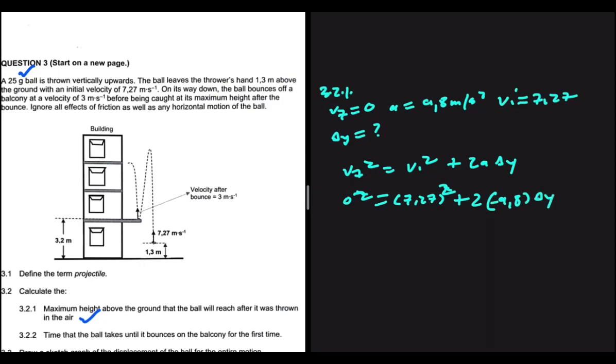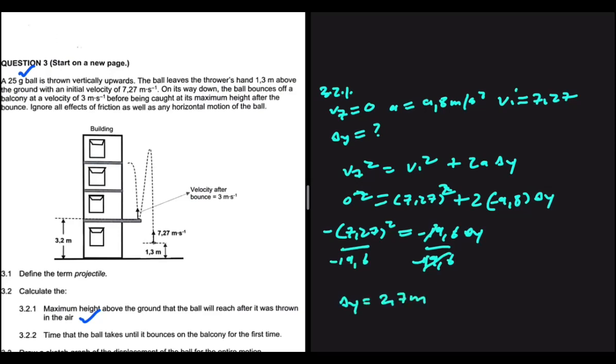So we're going to have minus 7.27 squared being equal to minus 19.6 delta y. We just need to divide both sides by minus 19.6. If we go ahead and do that, we're going to have delta y being equal to 2.7 meters.